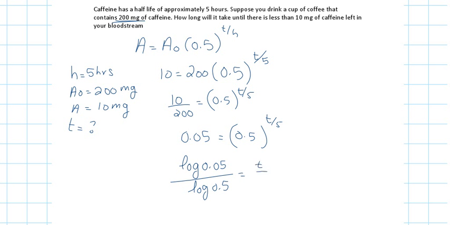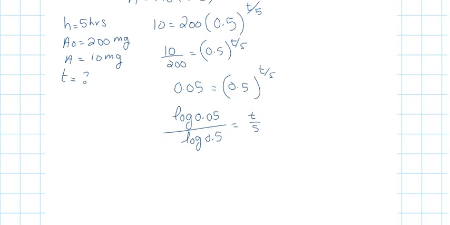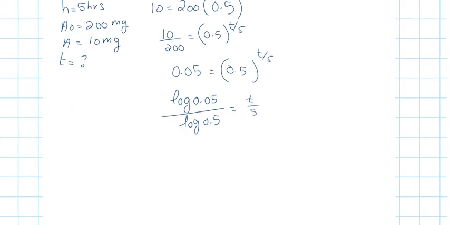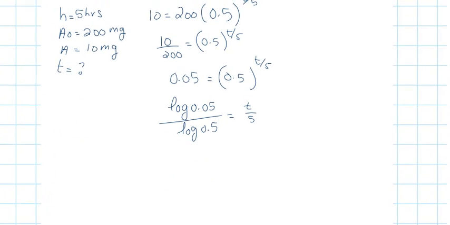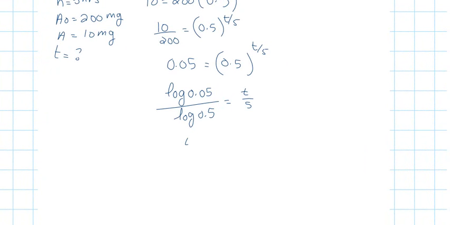So what did you get when you do log 0.05? And then multiply by 5. 22.